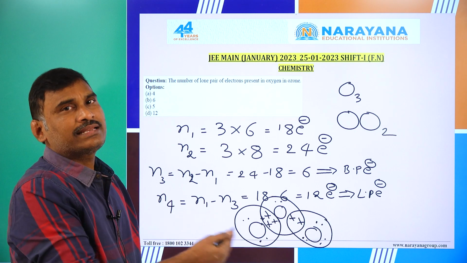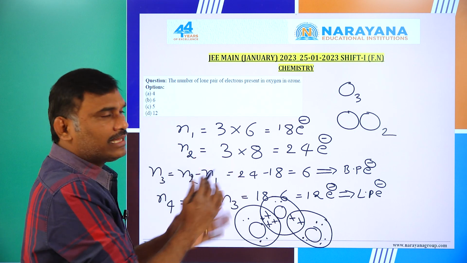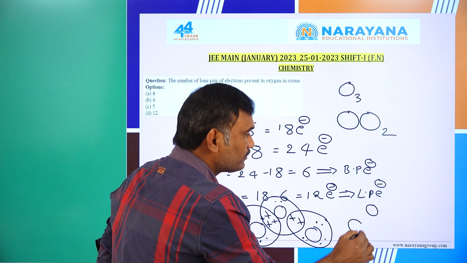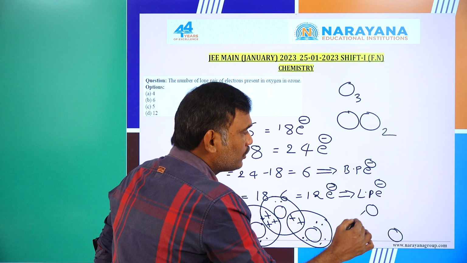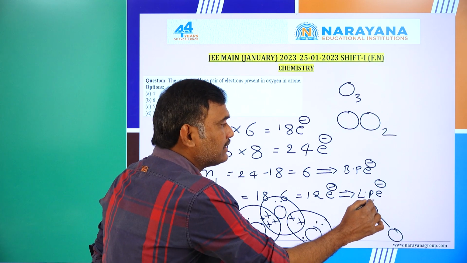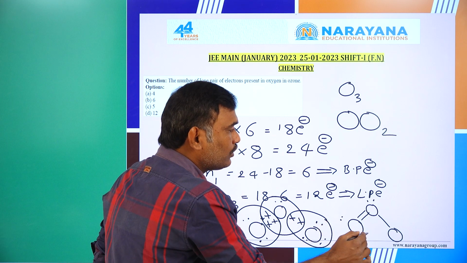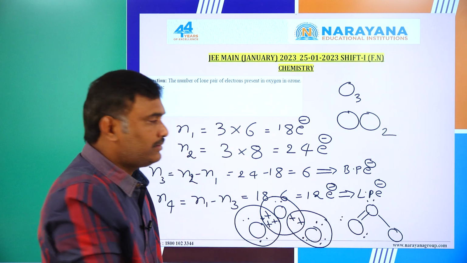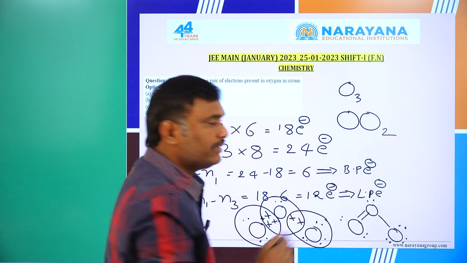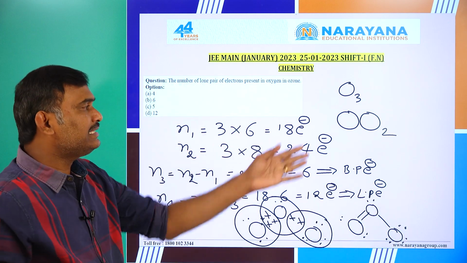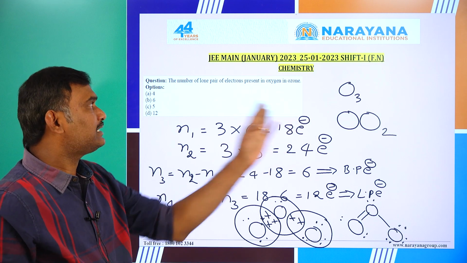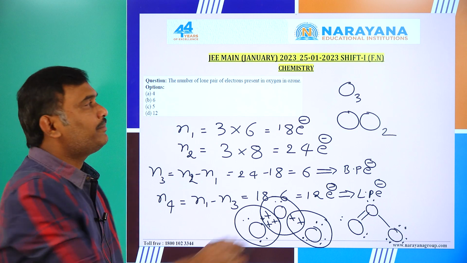In this way we can easily arrange and give the Lewis dot structures. So finally, ozone has two bond pairs here, one bond pair here, and one lone pair on the central oxygen atom, and two lone pairs on the double bonded oxygen, and three lone pairs on the single bonded oxygen atom.